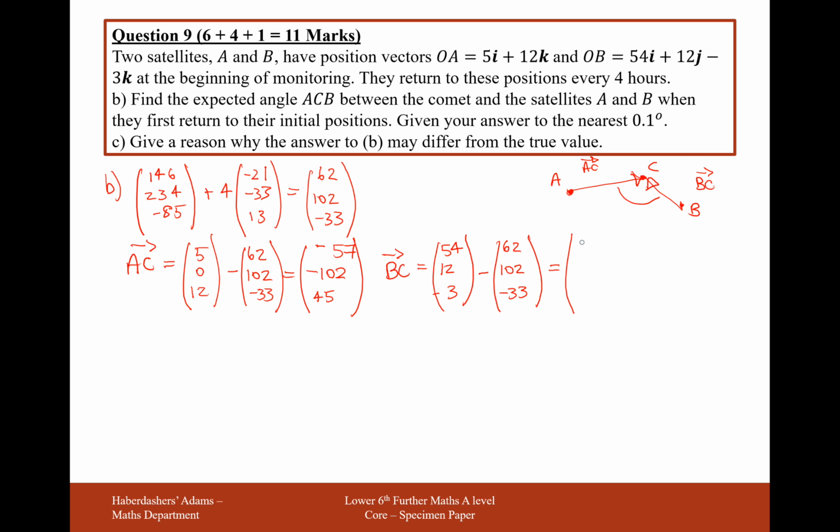So this is going to give us minus 8, minus 90, and 30. So now we have our vectors that we need for that dot product.